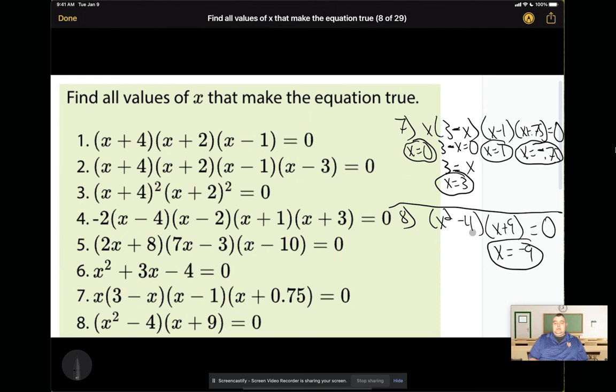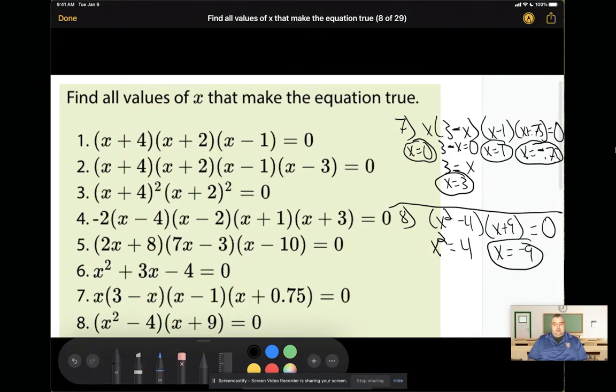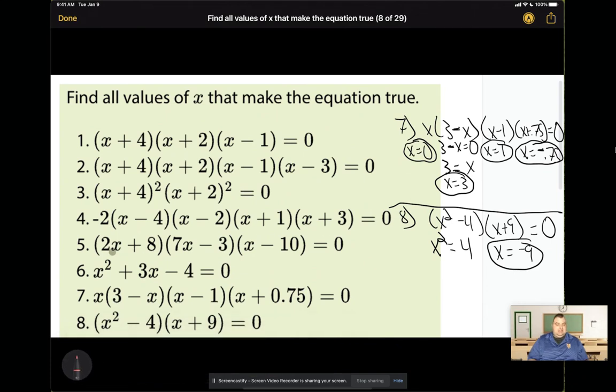With this one, if this squared were not here, if this were x minus 4, I would say the answer is x equals 4. Well, because it's x squared minus 4, I'm going to say x squared equals 4. So x squared is equal to 4. I have to do an additional step, just like I did in number 5. The additional step this time is going to be to square root both sides.